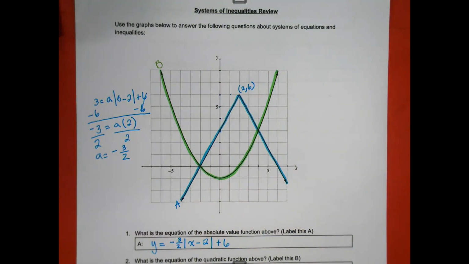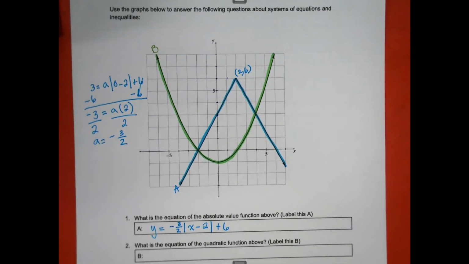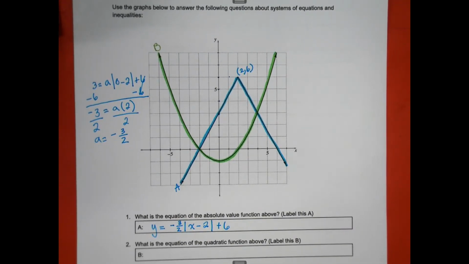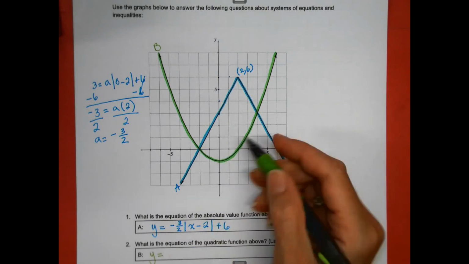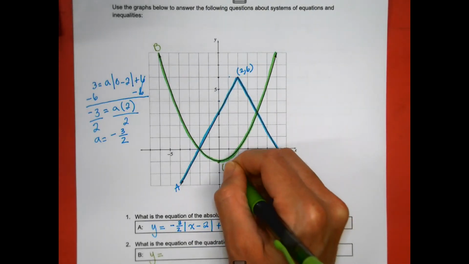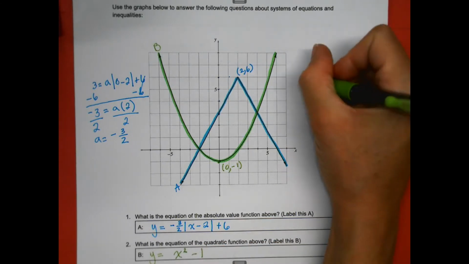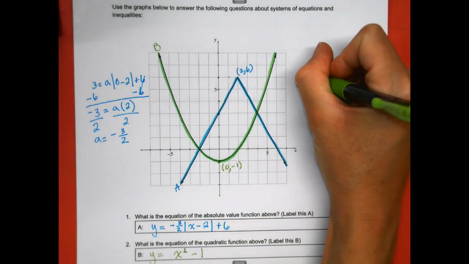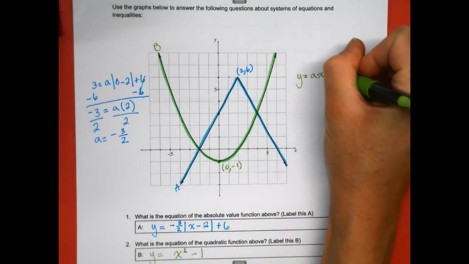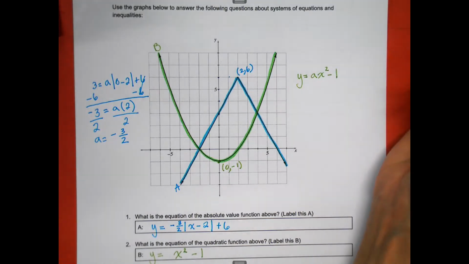We have to do the exact same thing for number 2 for b. It says to write the equation of the quadratic. Not sure what our a is yet, but this has a vertex here at 0, -1. So I know that this is going to be ax squared minus 1. And I need to find my a. So I'm going to substitute into ax squared minus 1 any point, except for the vertex.